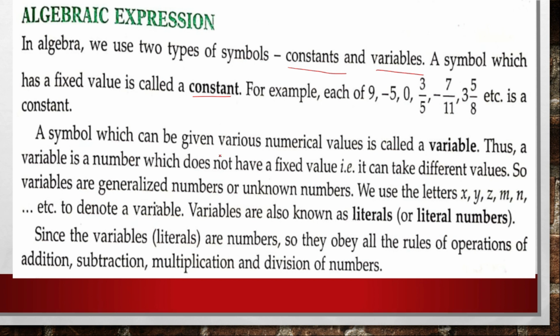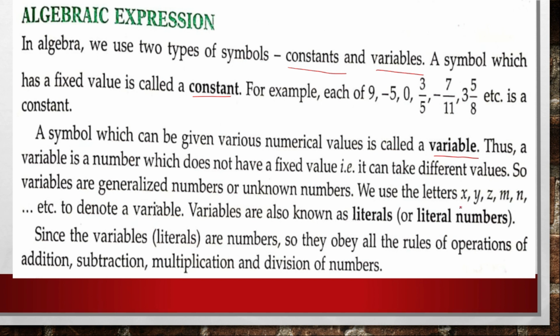Now a symbol that can be given various numerical values is called a variable. Thus a variable is a number which does not have a fixed value, that is, it takes different values. So variables are generalized numbers or unknown numbers.